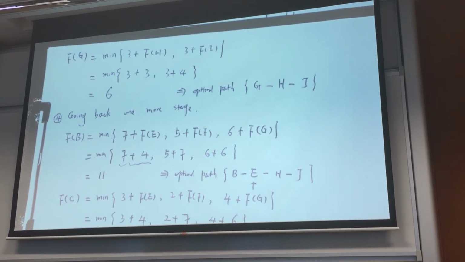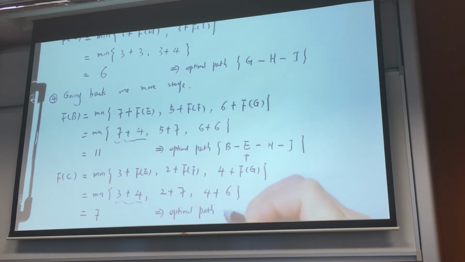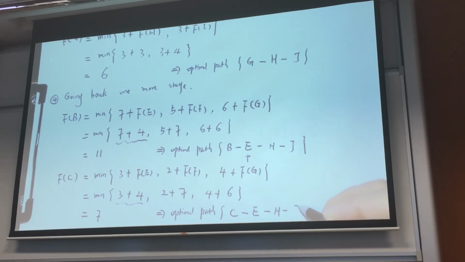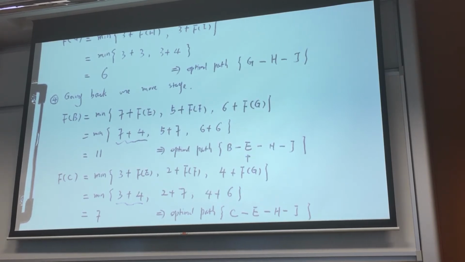So this given by 7. So also from the first route, this gives us the optimal path from C to E, and we just copy down the routes from E to J. So that will be to H to J. We just solve one node, one stage.